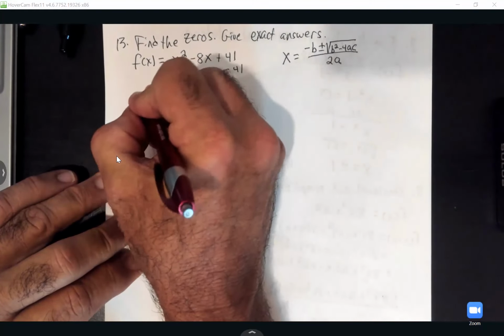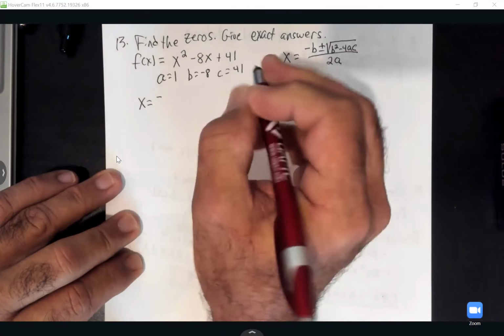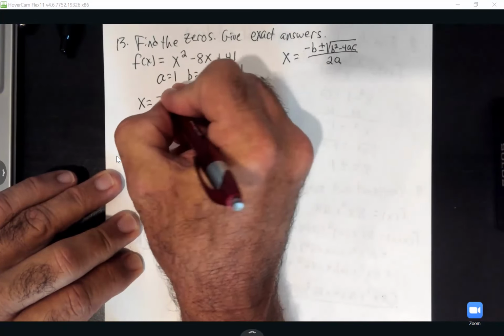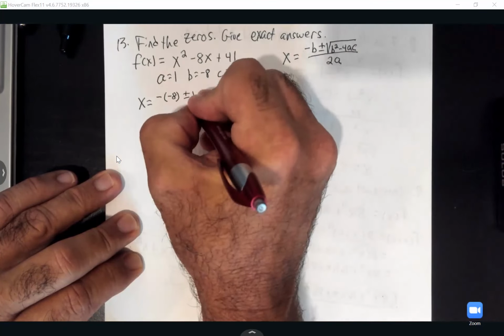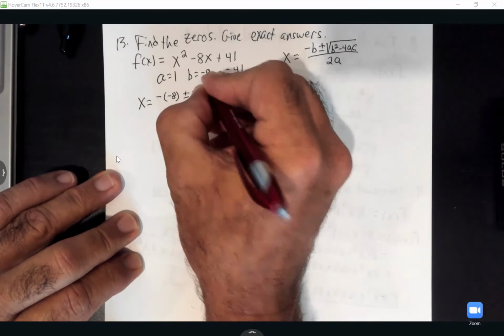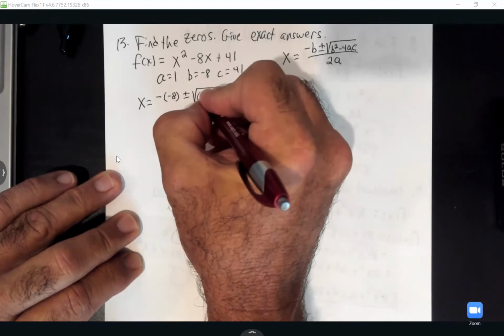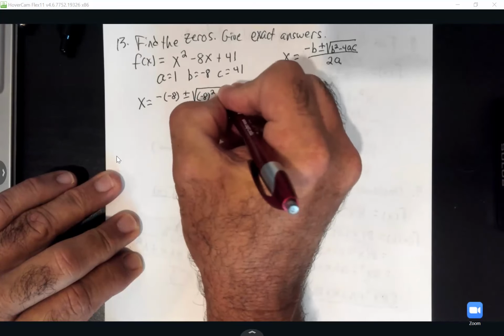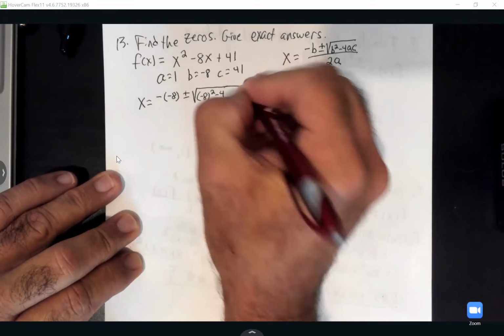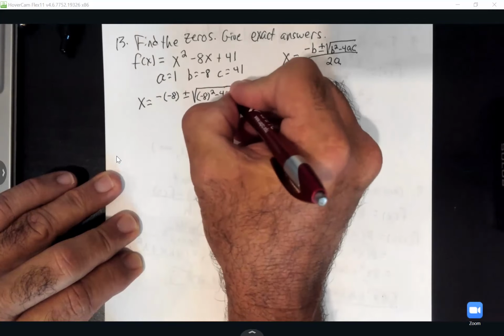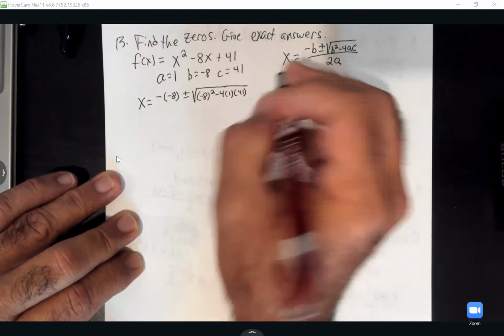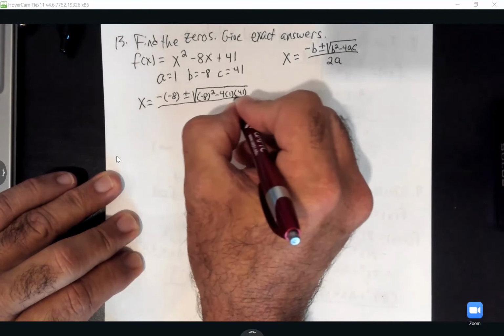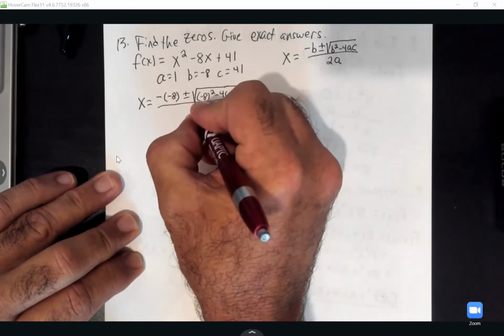We're going to have x equals negative b, which is -8, plus or minus the square root of -8 squared minus 4 times a, which is 1, and c, which is 41, all of that over 2 times 1.